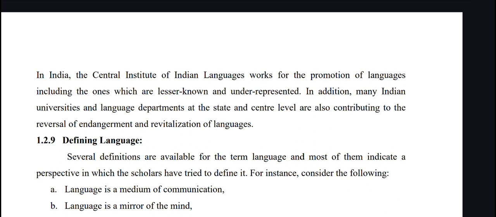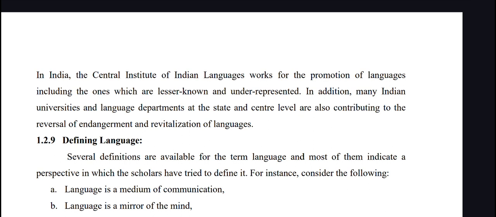In India, the Central Institute of Indian Languages works for the promotion of languages, including the ones which are lesser known and underrepresented.